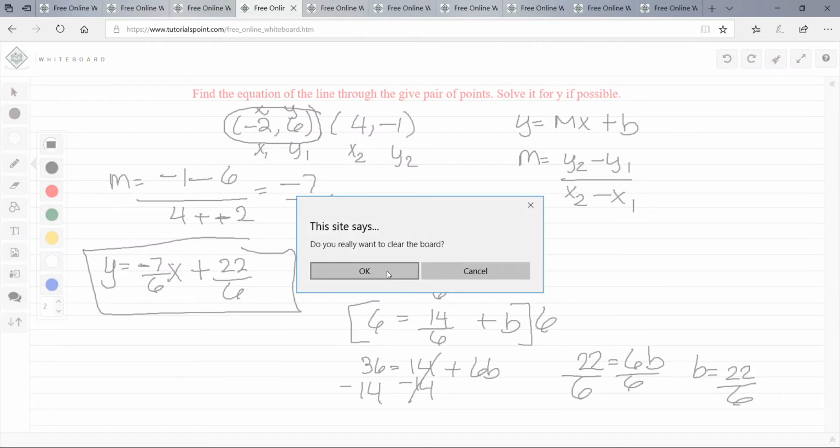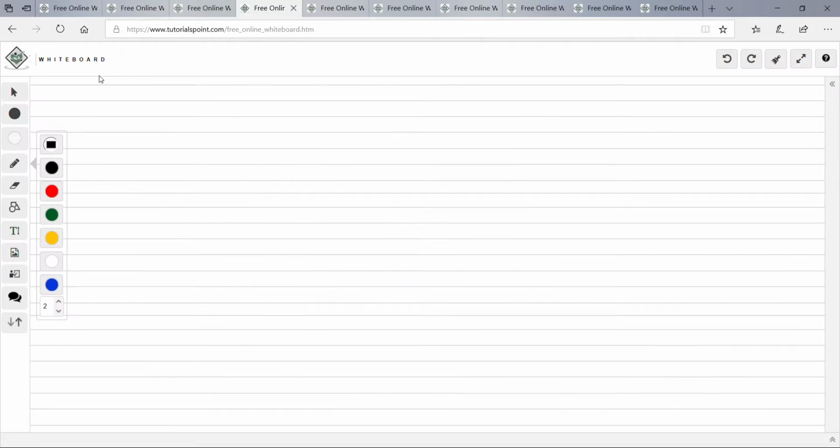So our equation was y equals negative 7/6 x plus 11 over 3. So we know this 11/3 is our y-intercept, and this negative 7/6 is our slope.